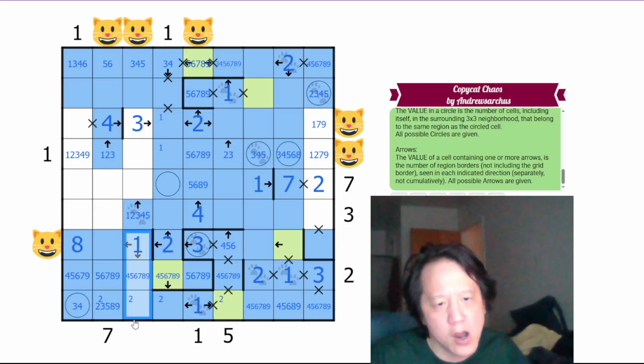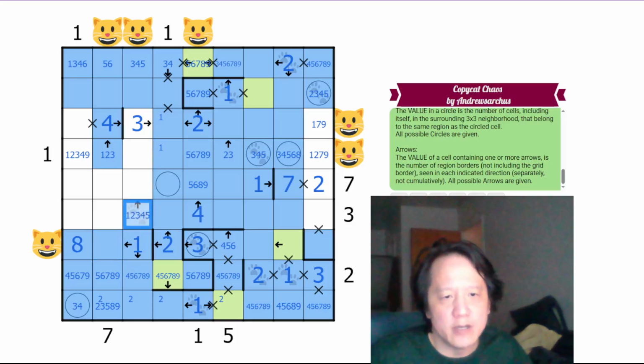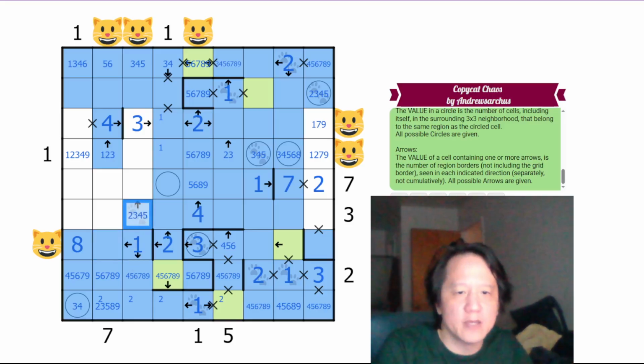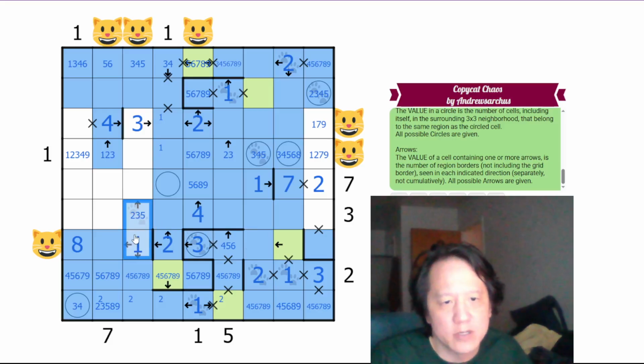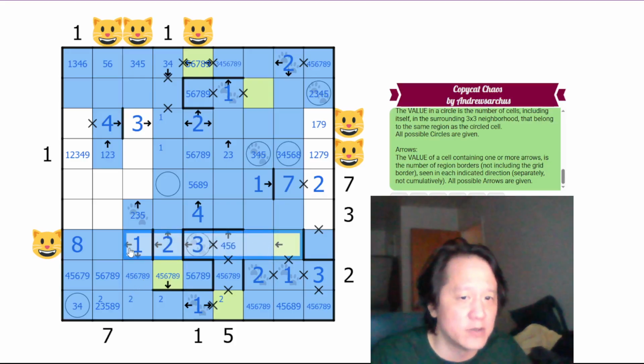Well, this could be a boundary here. Anyways, this can't be 1. It cannot be 4, because it can't be a copycat cell. And this is guaranteed to be 1 as a non-copycat cell also. This is 4.